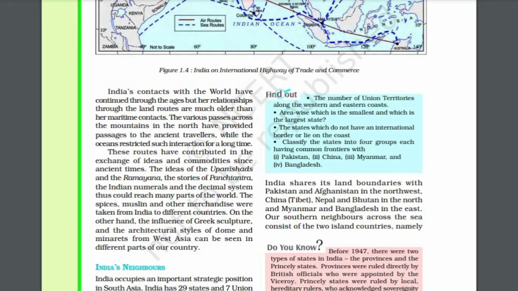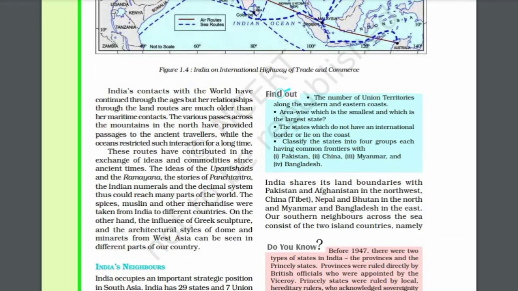On the other hand, the influence of Greek sculpture and the architectural styles of dome and minarets from West Asia can be seen in different parts of the country. Here, different examples of how ideas and commodities were shared among different countries and India have been given.